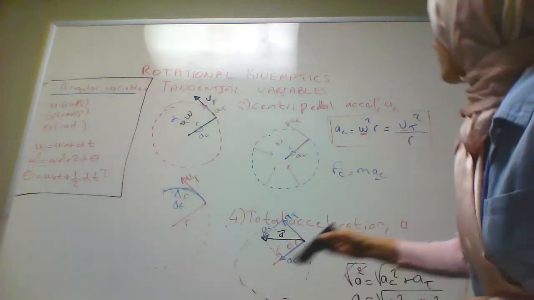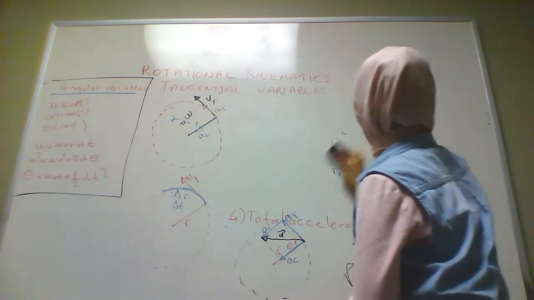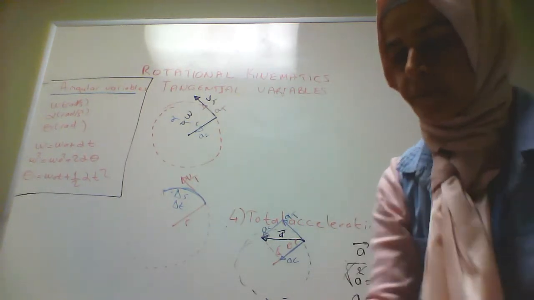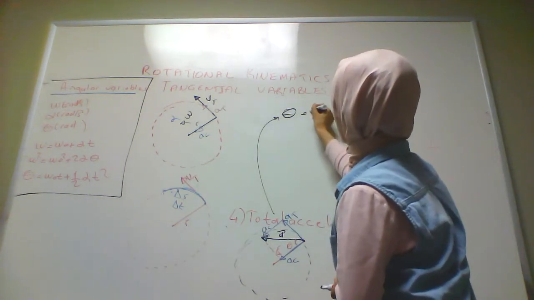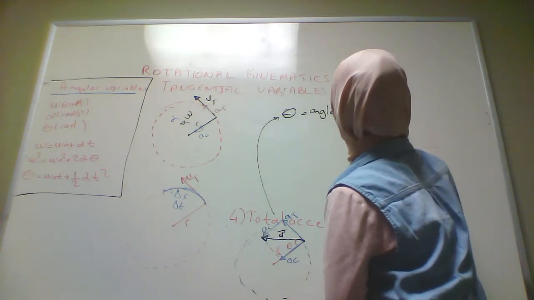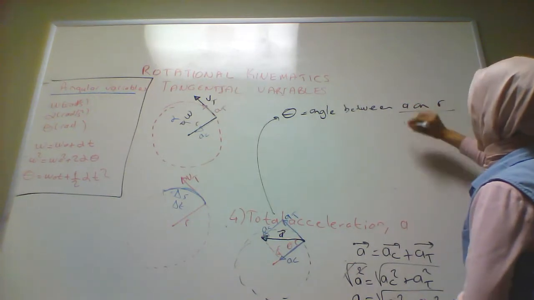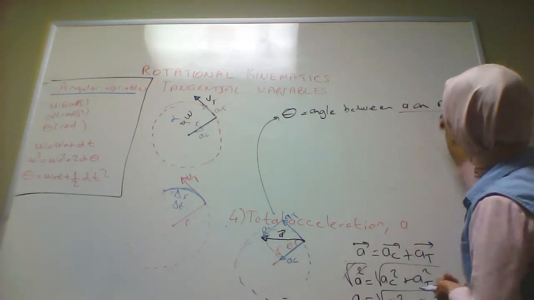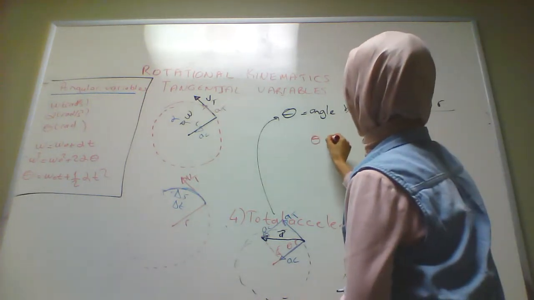Let me delete this part and write it down here. So theta here is the angle between A and R, or the radial direction. And it can be found using the tangent value.